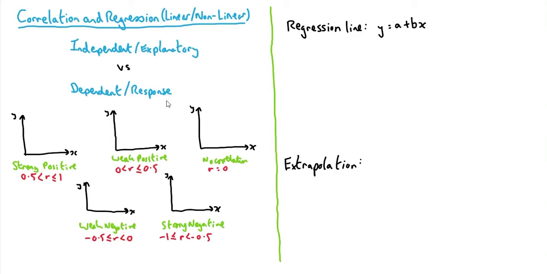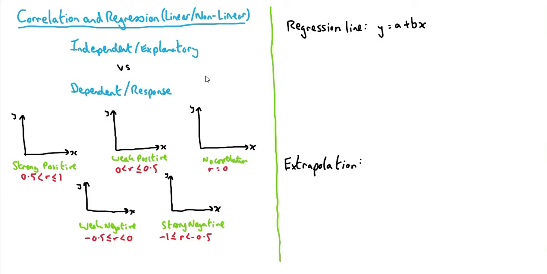It's not the emission of CO2 that causes the fuel to be used up. If you want, you can think of it as in a timeline, which would come first, which would come second. The one that comes first is the explanatory, the one that comes second is the response.